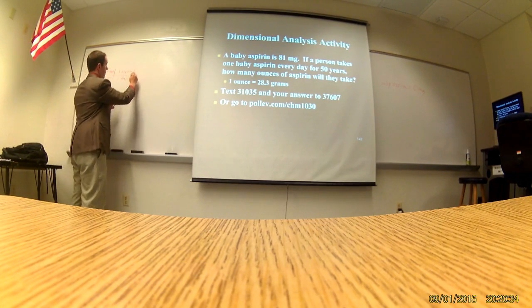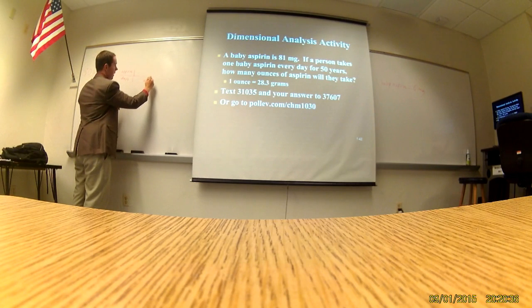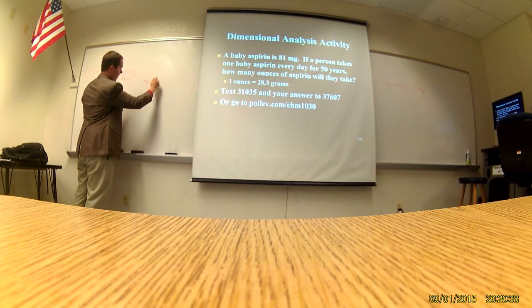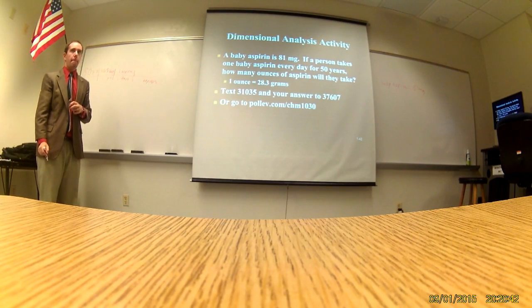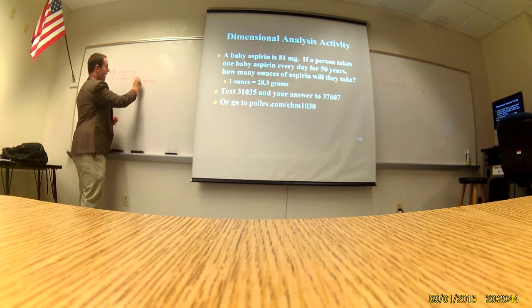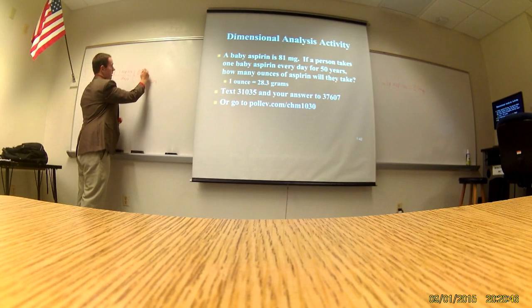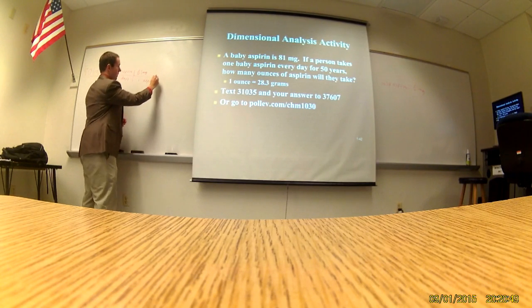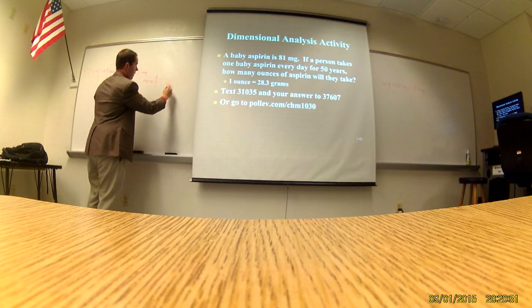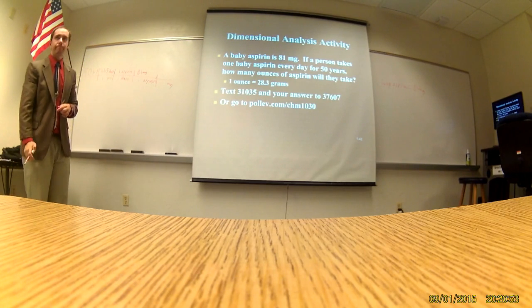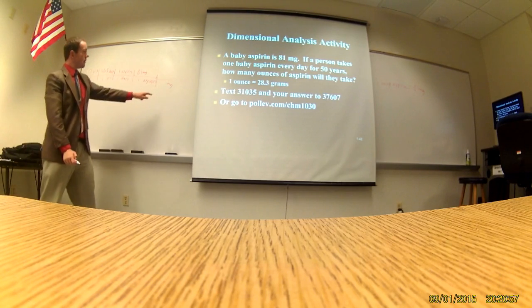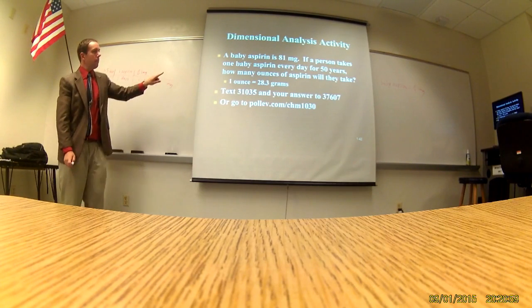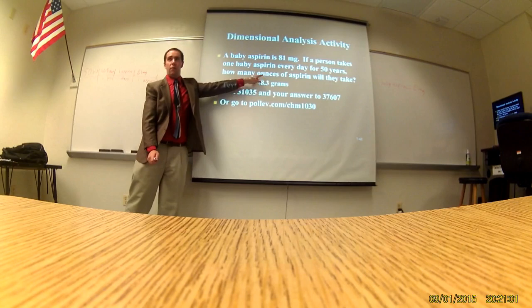So aspirin has to go here. Now what can I do? 1 aspirin is 81 milligrams. Milligrams goes there. So now I'm in milligrams. I have to get to ounces. Ounces is where I'm going.